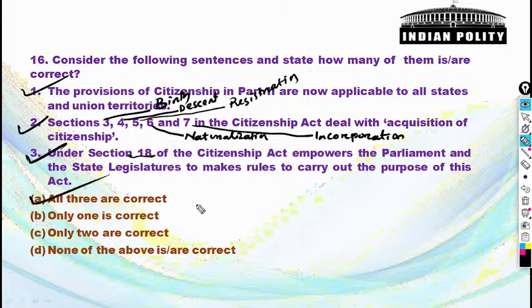All 3 are correct. Is that clear? Now we'll come to the other areas.